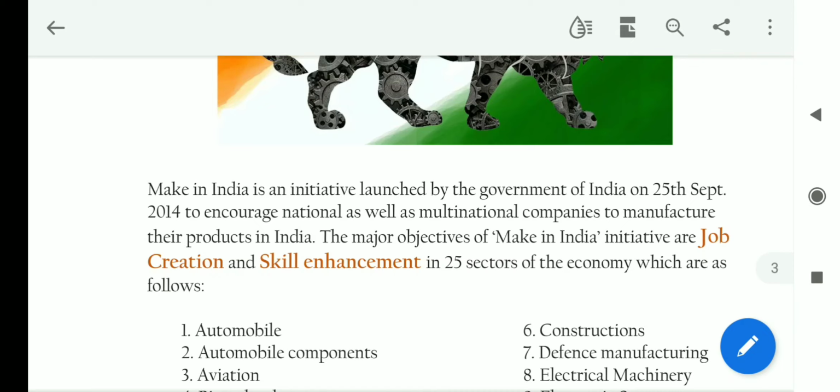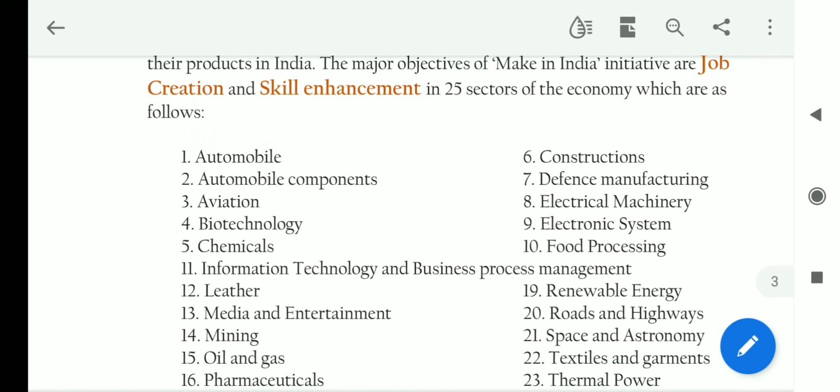So this was the first objective. Then second is skill enhancement. If industries are established in India, that will lead to skill enhancement in Indian people, as they will learn new skills. Now here are the 25 sectors which were covered in this initiative.